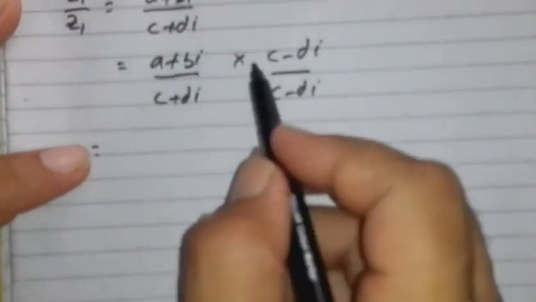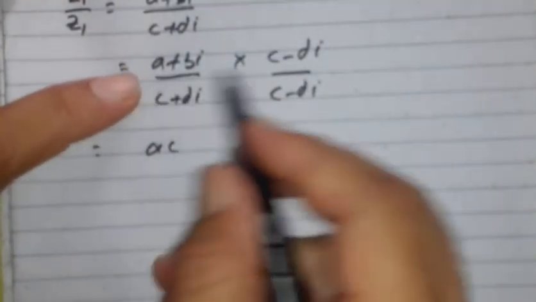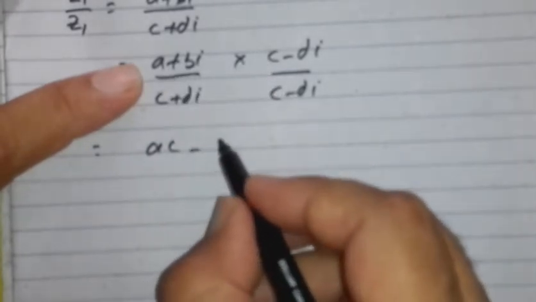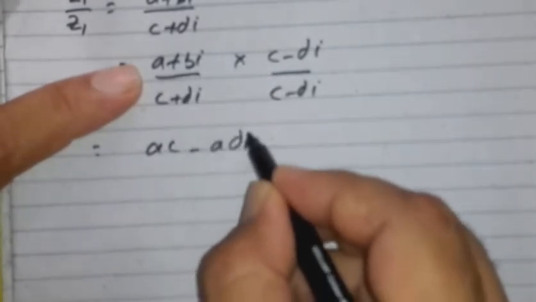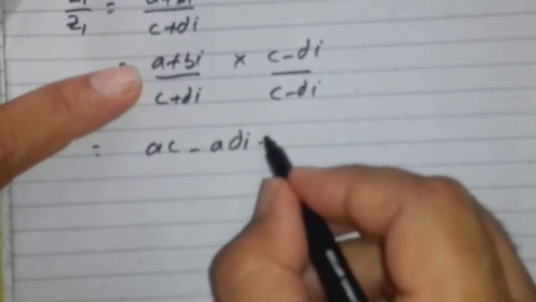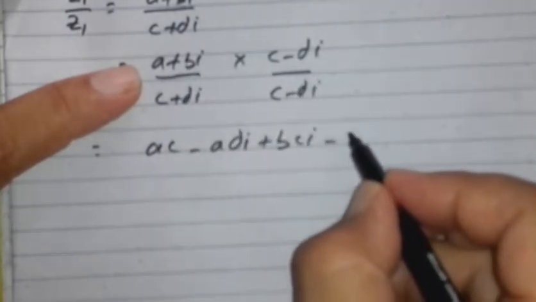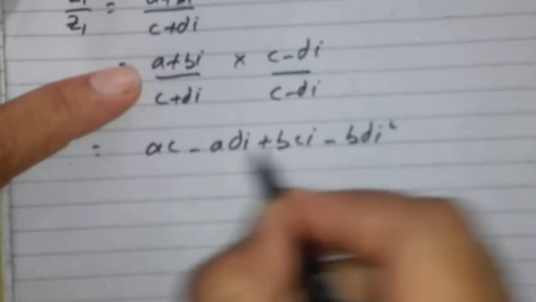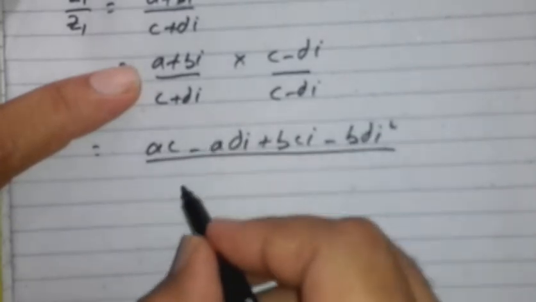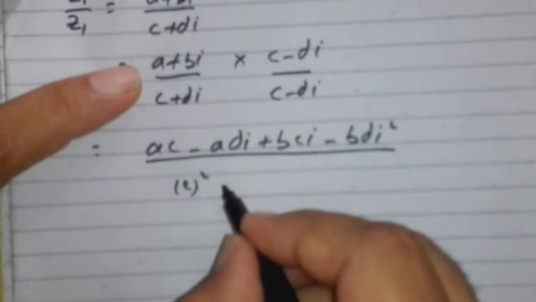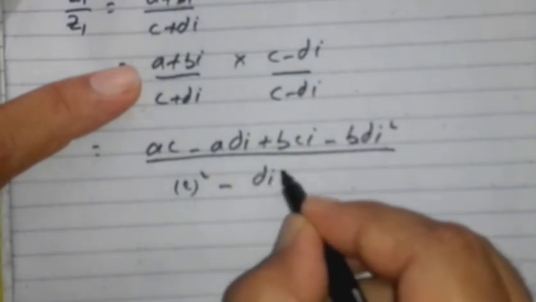Now multiply these two, we get ac minus ad iota plus bc iota minus bd iota square, divided by c square minus d iota square.